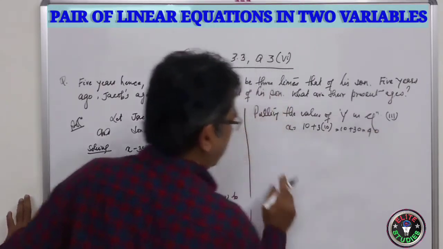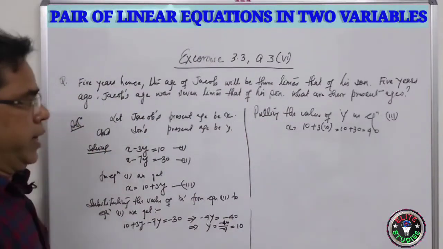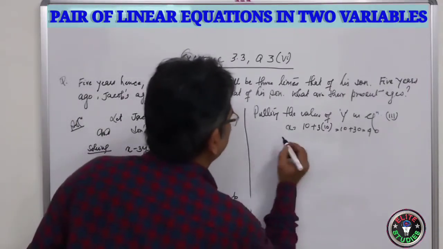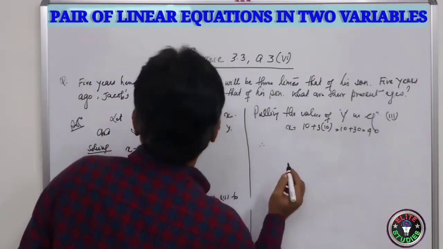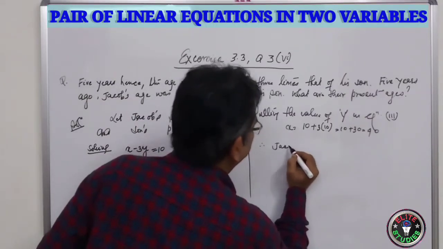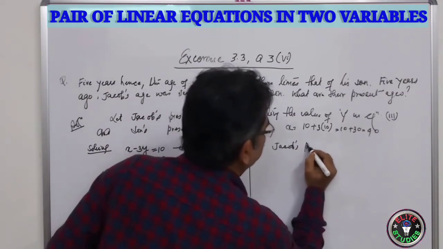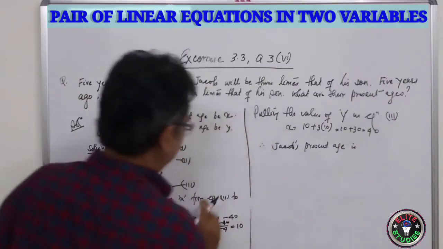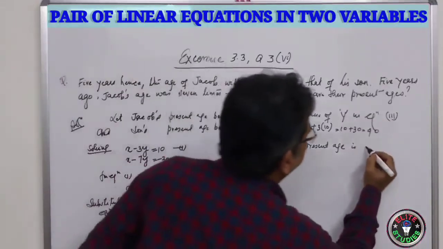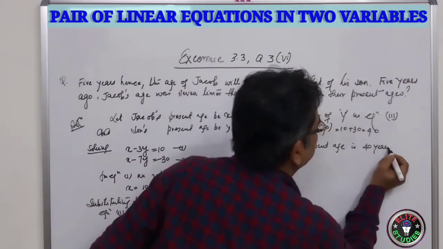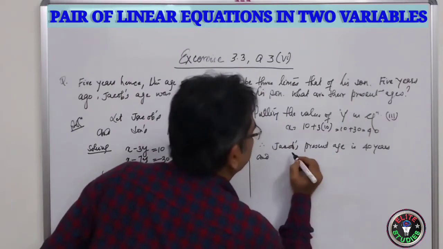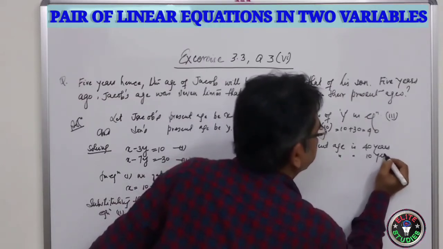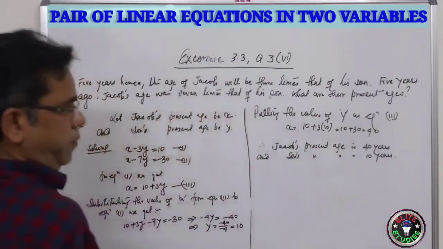So students, we got the values of x and y. So therefore, Jacob's present age is x, which was 40 years, and son's present age is 10 years. We have got the answer.